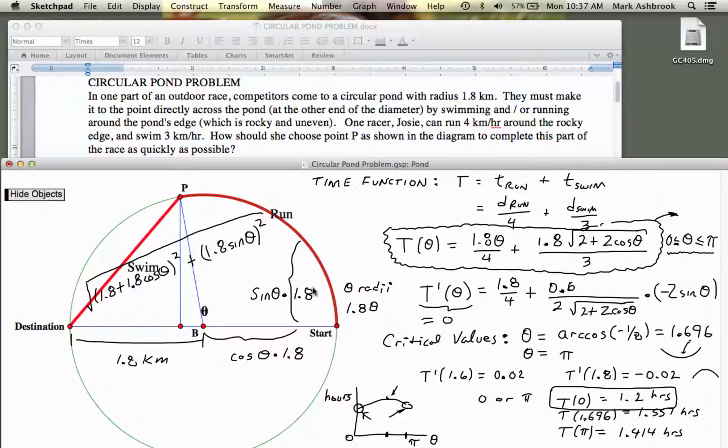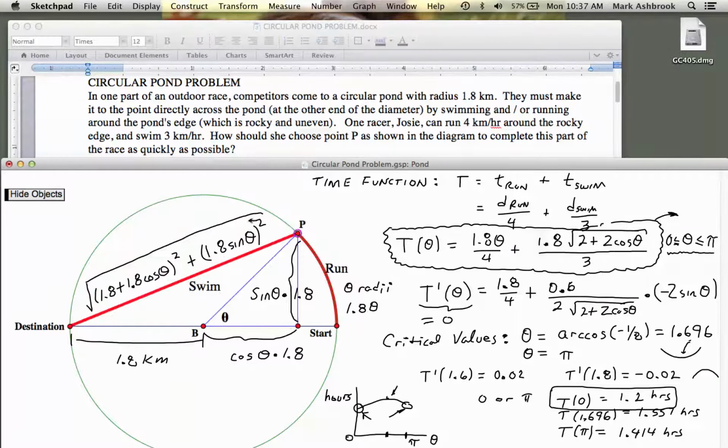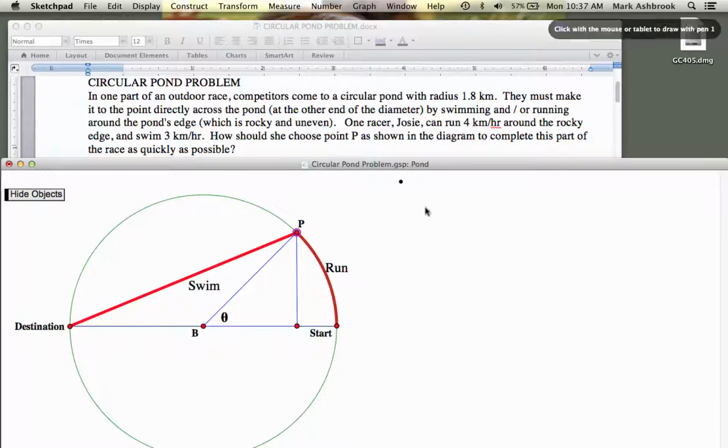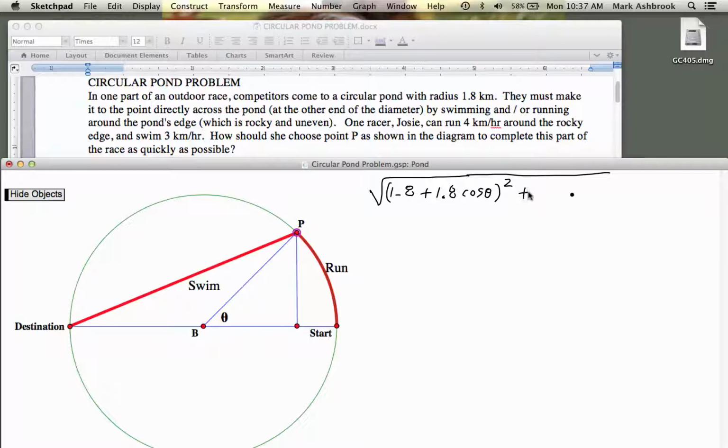Now I want to show you how to solve for this expression right here to get the radical 2 plus 2 cosine theta. So I'm going to erase everything here. And we saw that it was the square root of (1.8 plus 1.8 cosine theta) squared plus (1.8 sine theta) squared.